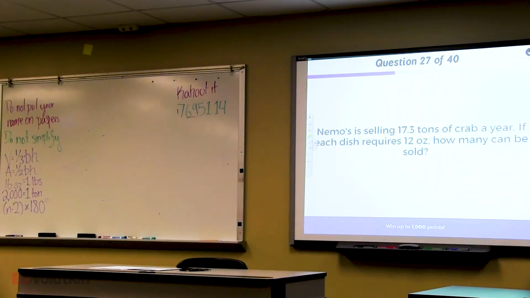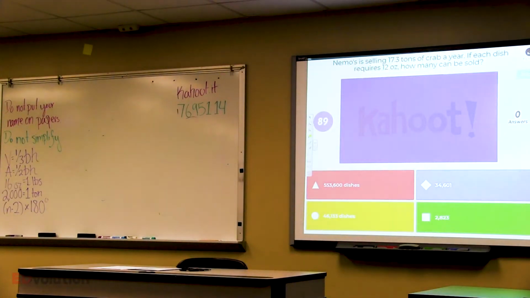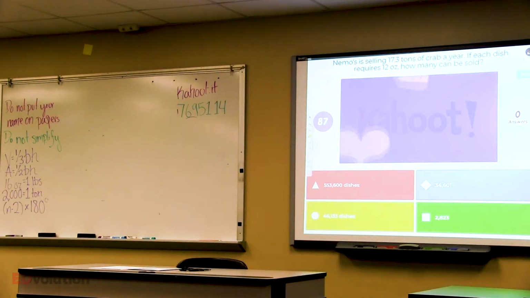Nemo's is selling 17.3 tons of crab a year. If each dish requires 12 ounces, how many can be sold?